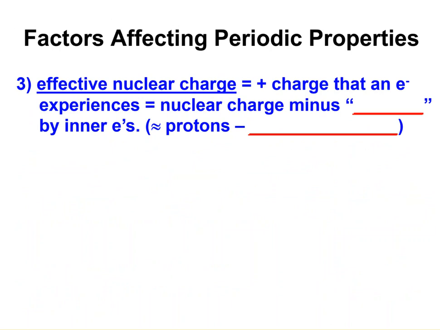Effective nuclear charge puts that together. It puts together the idea that you have a positive nuclear charge, but it is also partially shielded by the core electrons. And so we're going to subtract off the shielding by the core electrons.